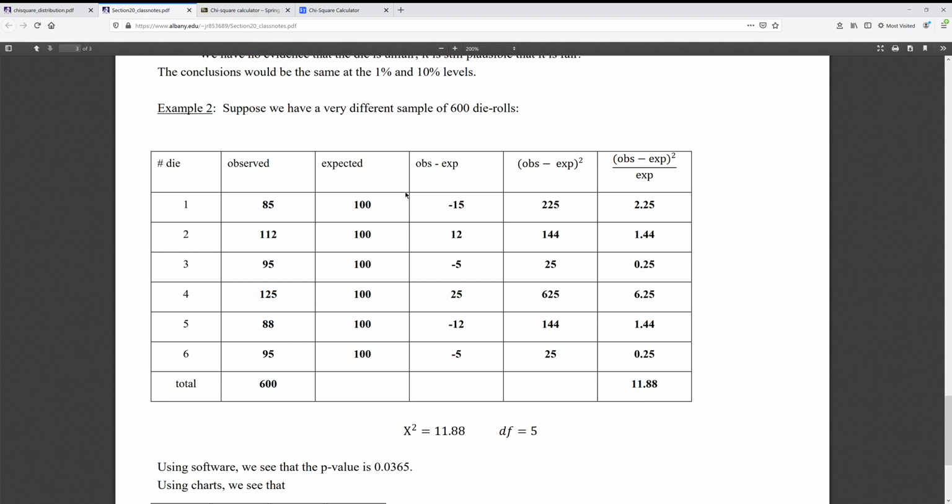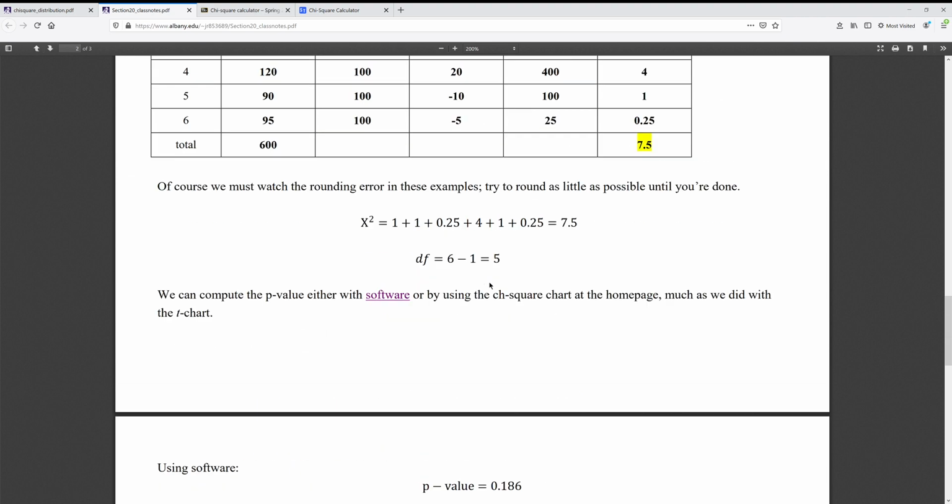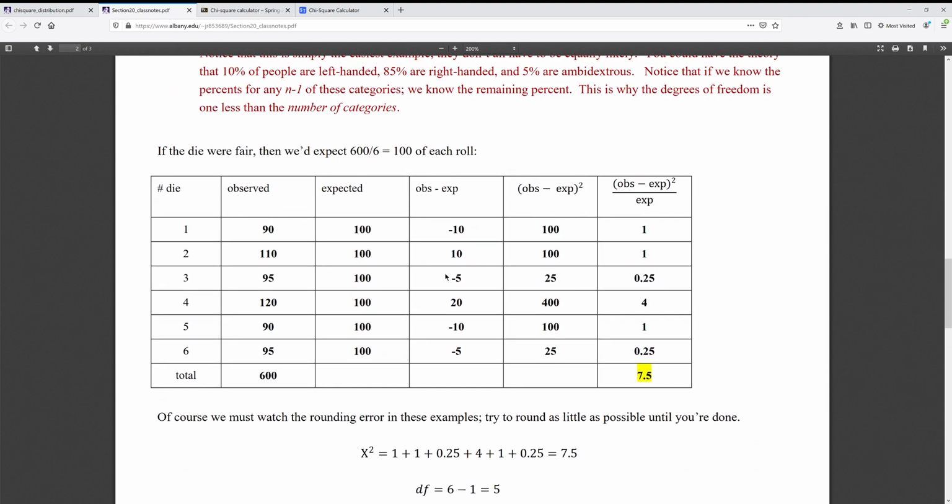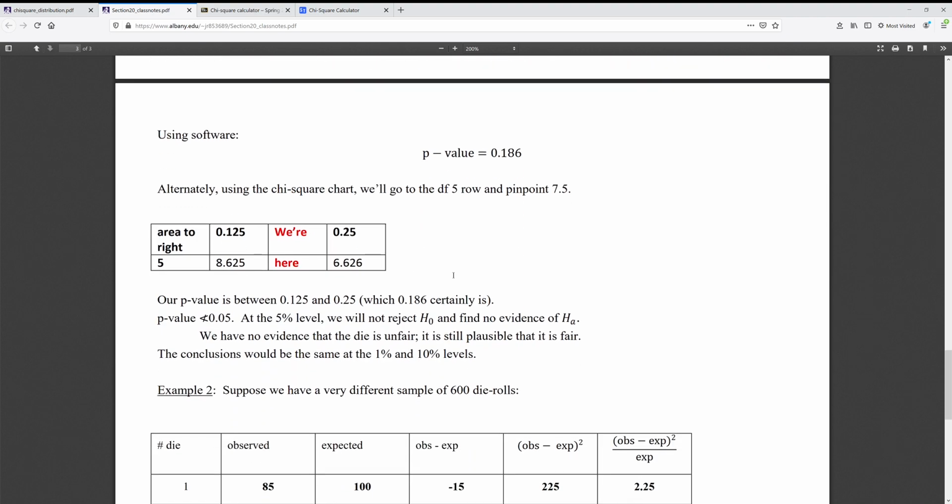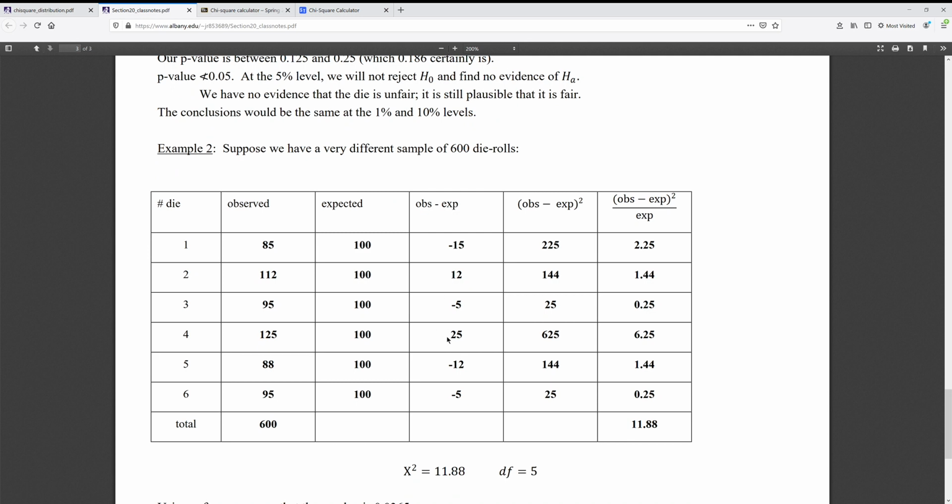So now we'll run the counts. Observed minus expected: negative 15, 12, negative 5, 25, negative 12, 5. You can already see the numbers are a little bit bigger in size than in the previous example. Although the 25 is a little bigger than the 20, yes.